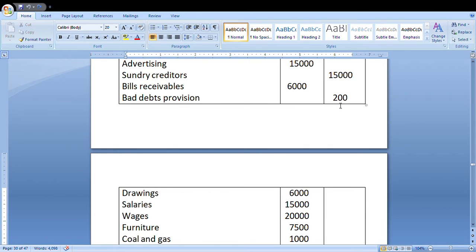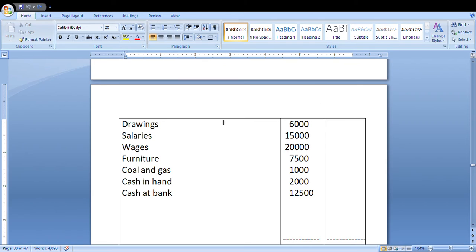This enters the balance sheet, liability side. Drawings. Drawings are the use by the owner or entrepreneur or business person for personal use. This is deducted from the capital on the balance sheet, liability side.